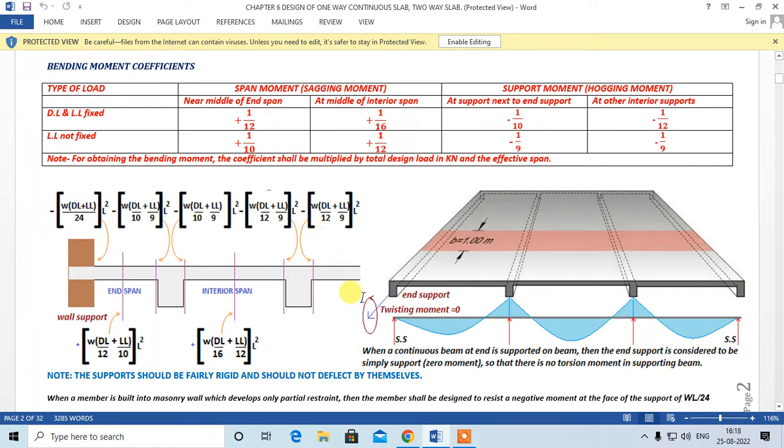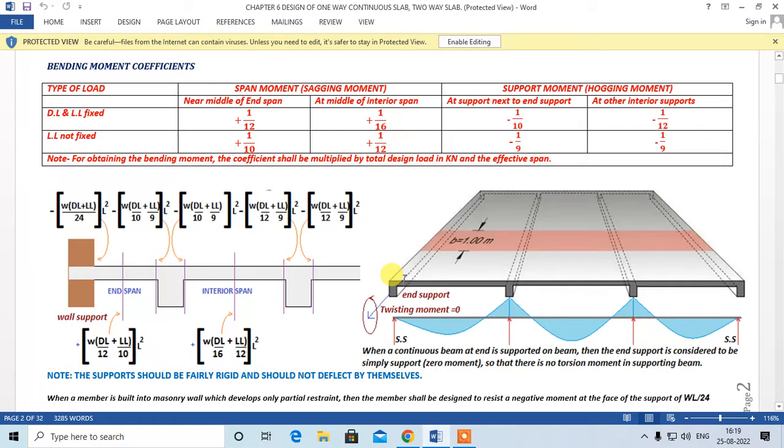But in the practical field, many times we see that a continuous slab is supported on beams. In that case, it has to be taken as the case of simply supported, so that the moment over here is taken as zero, and the twisting moment in this supporting beam will be zero. So in this case, no extra top steel is provided over here.